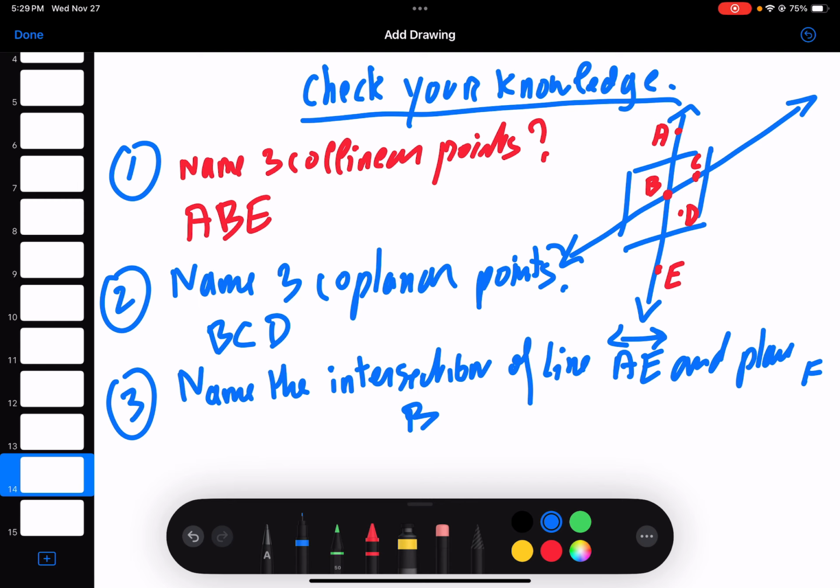Let me make some space and for the 4th question, which is related to the diagram still.